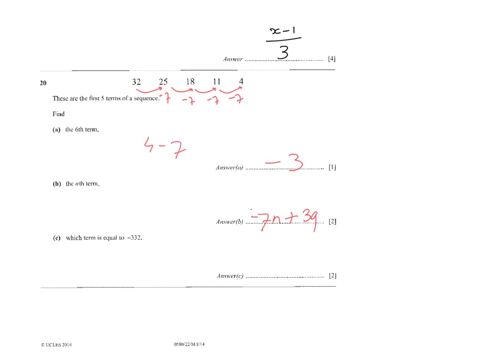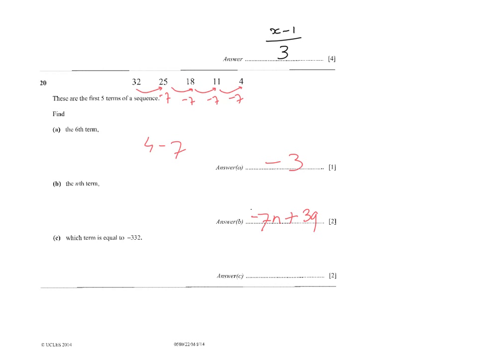Now, we all make mistakes, so we always check this answer for, let's say, term 4. So, minus 7 times 4 is minus 28, plus 39, 11. So now then you are 100% sure that you are correct. Which term is equal to minus 332?